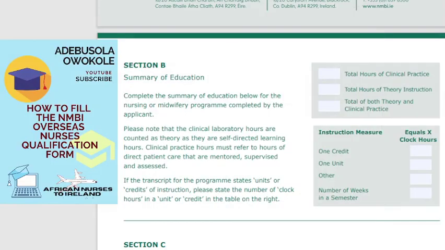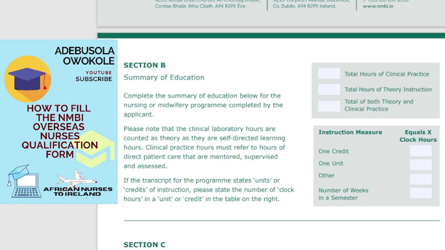So total hours of clinical practice means for each of your courses they need to add all the hours together. If the first one was 10 hours of training during the semester, the other one 20 hours, the other one 25 hours, that's the total number of all the hours combined together for the clinical practice.